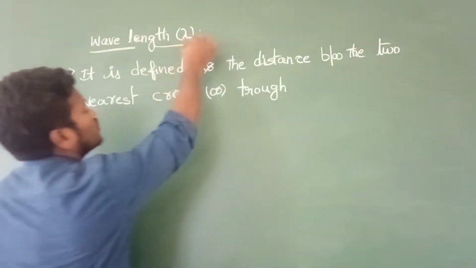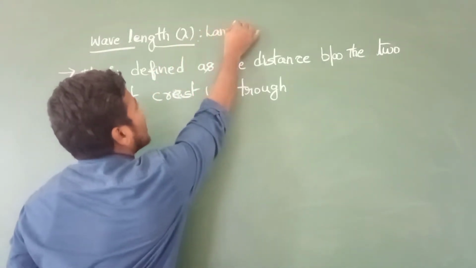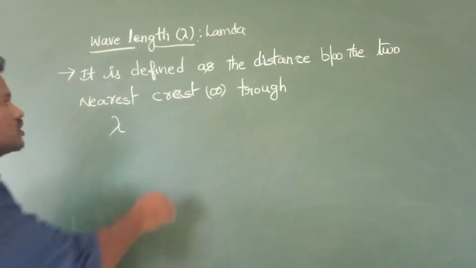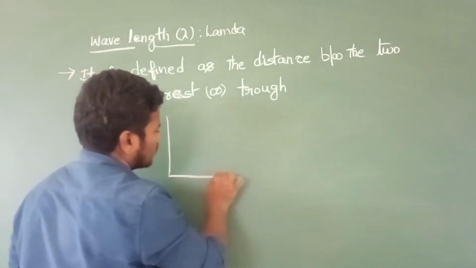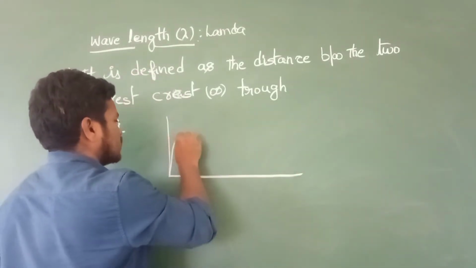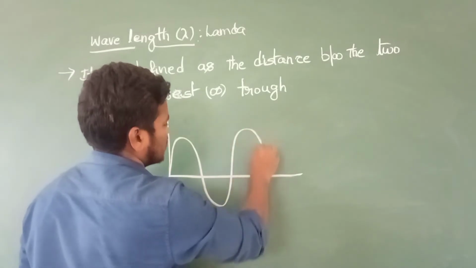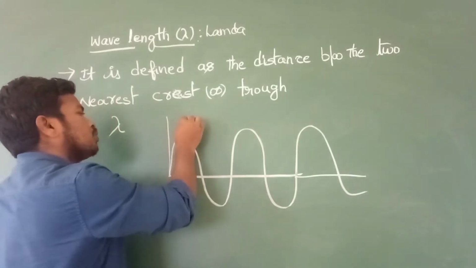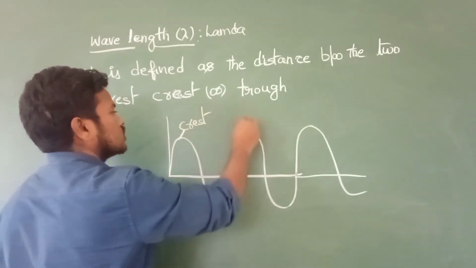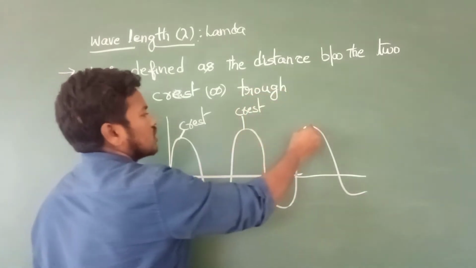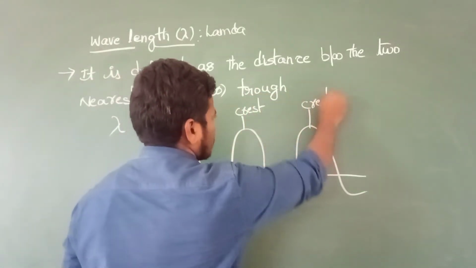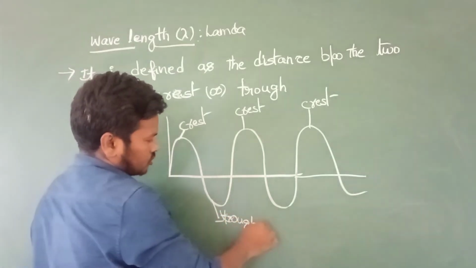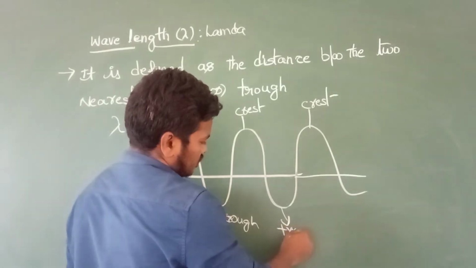Another important term is wavelength. It is denoted by the symbol lambda. Once you observe the wave, you can easily understand what is meant by wavelength. The uppermost parts are called crests, and the lowermost points are called troughs.